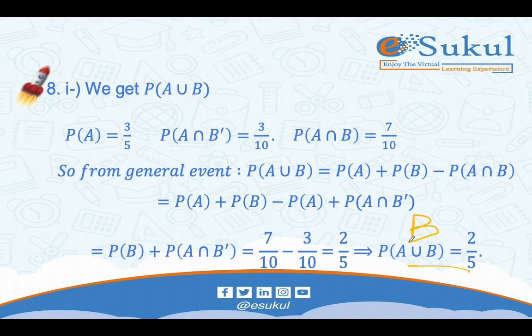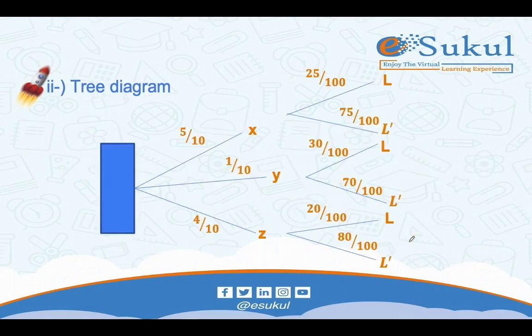At lunchtime, a man chooses at random from 3 restaurants: X, Y, Z. So we have a tree diagram with 3 restaurants, X, Y and Z. You can choose either to go for lunch from restaurant X, or not. That's L and L prime. The probabilities are distributed equally, as you can see, for X, for Y, and the same for Z.